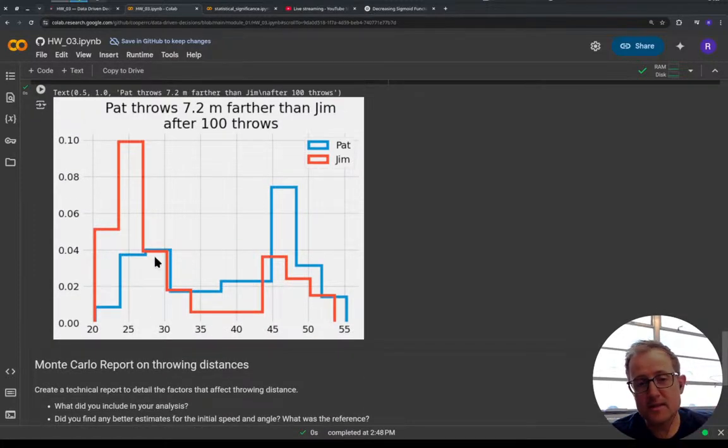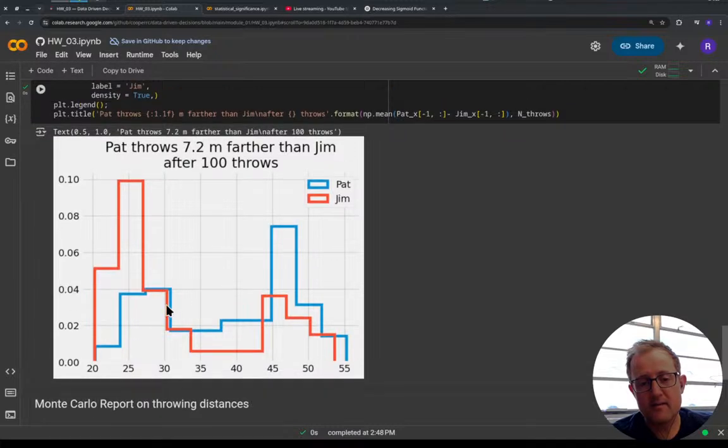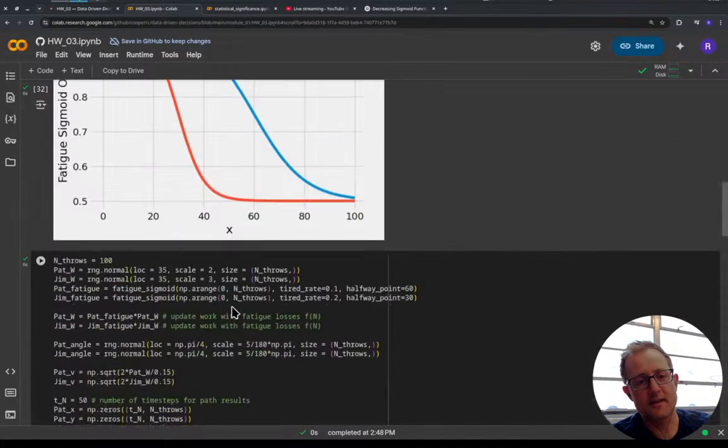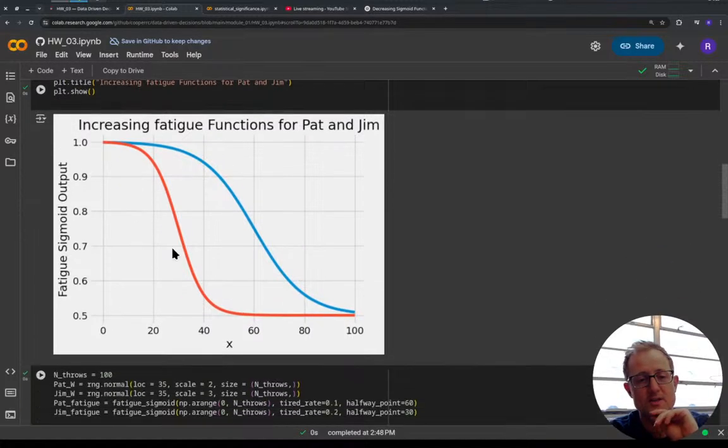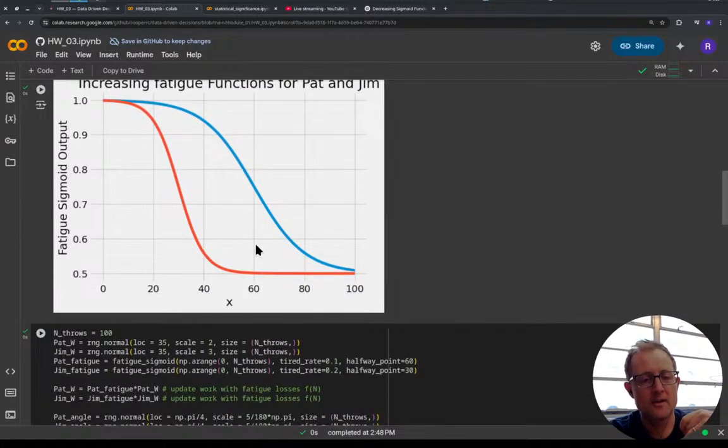And now we're seeing very, very different histograms of results because we're not looking at something where it's uniformly variable. We have this kind of like a function of time, where every throw is changing the average value.